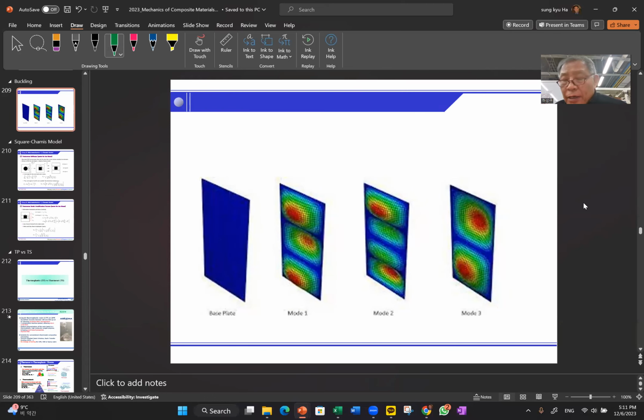Well, there could be a lot of story and theory involved in buckling, but let's say we have a plate, and then we have a certain boundary condition.